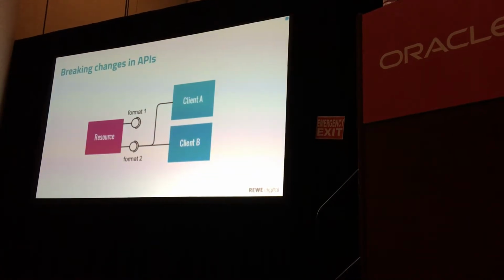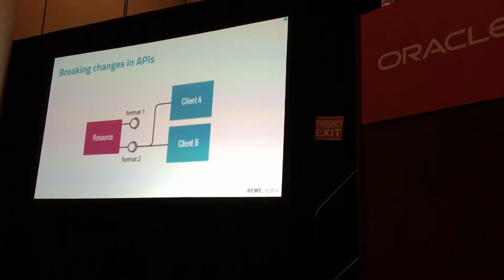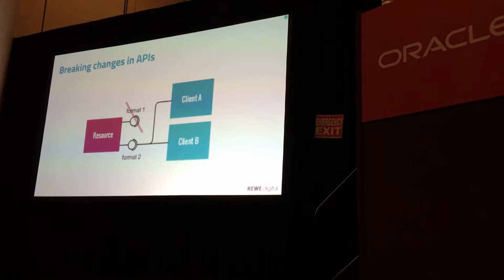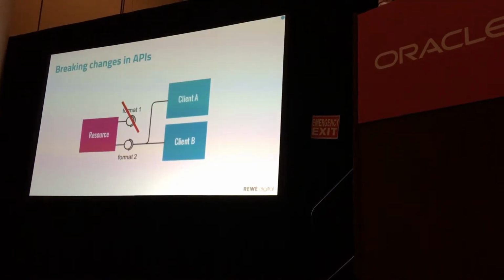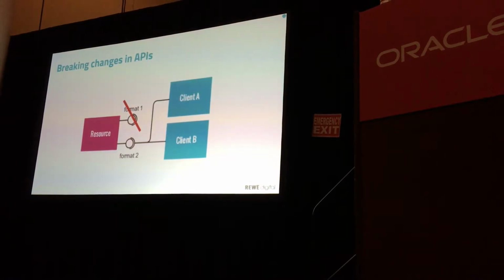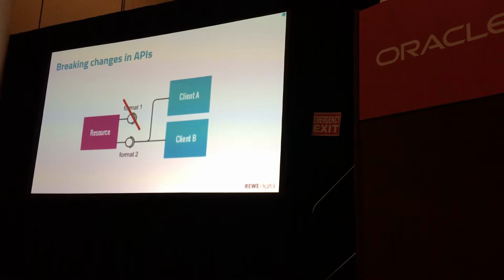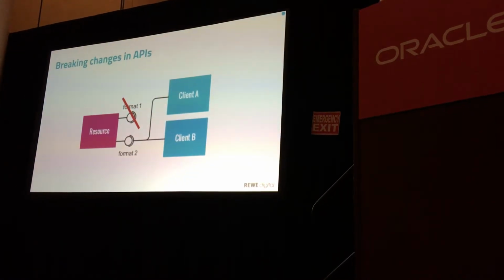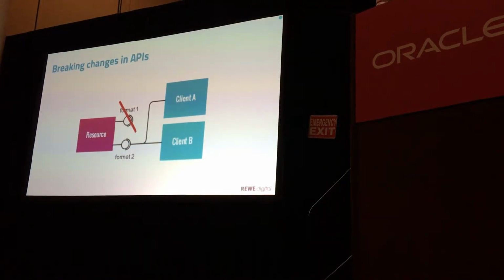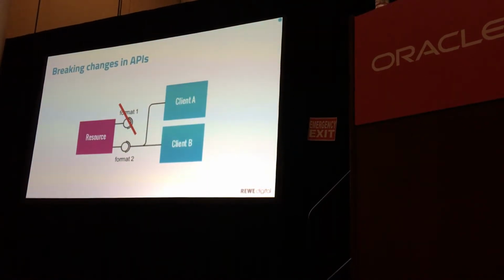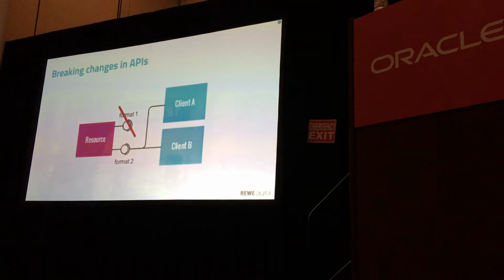And when that's done, when in this case both clients have moved, they can get rid of the first API. That's easy if we have 2 clients, but imagine there are 30 or 50 clients consuming the API, then it's really hard to get them all moving to the new API. So this can be a process of weeks and months. So we ask teams to please avoid breaking changes.